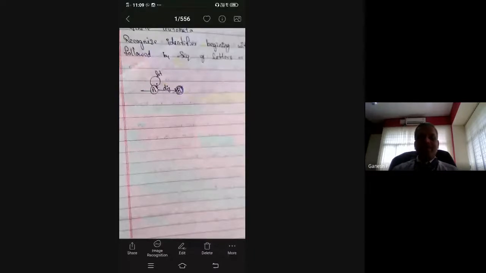Can that ABC be considered as an identifier, and will your automata solve that, Maithili? If I take ABC, will it be valid as per the definition, and will your diagram also validate it or not?